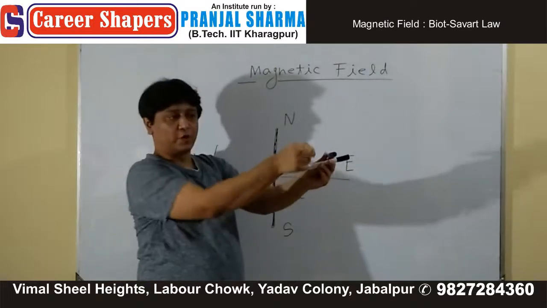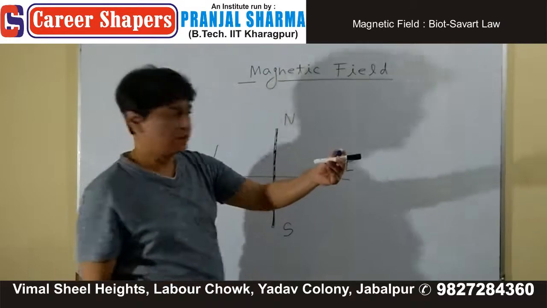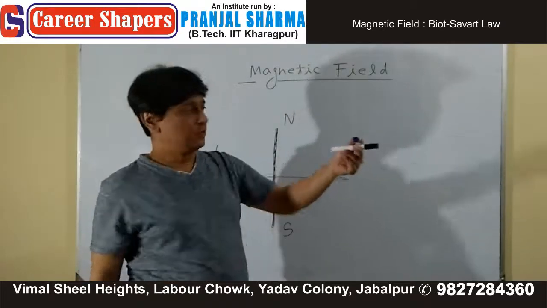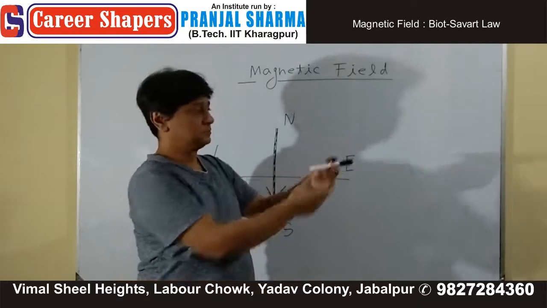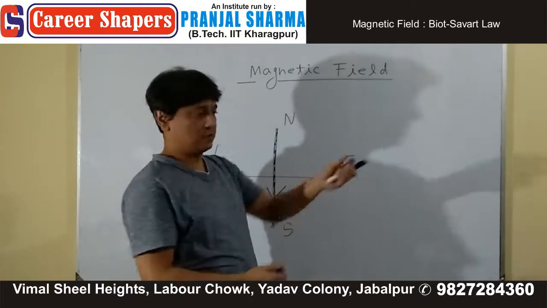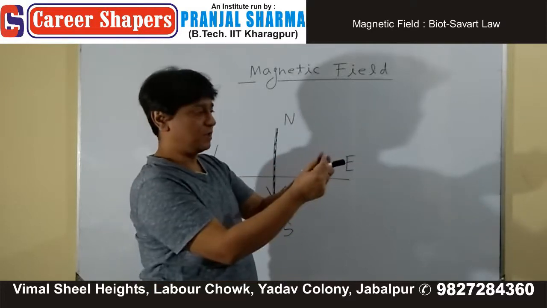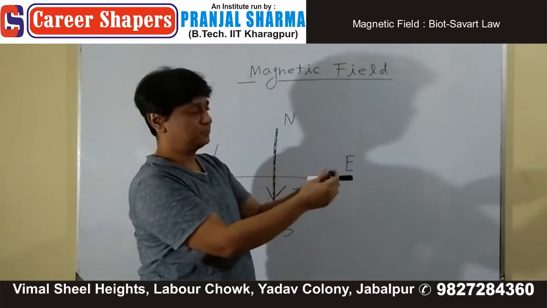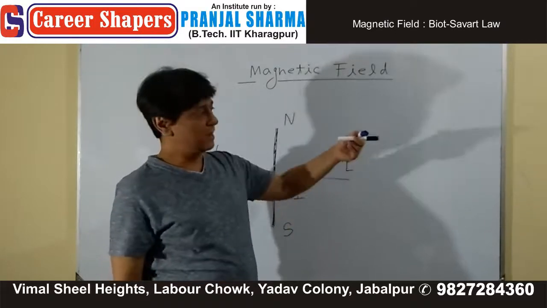So current is flowing towards you, you can say. If this is the direction of current, I don't know if you can see the dot. Let me keep the gap on. So this is the direction of current.